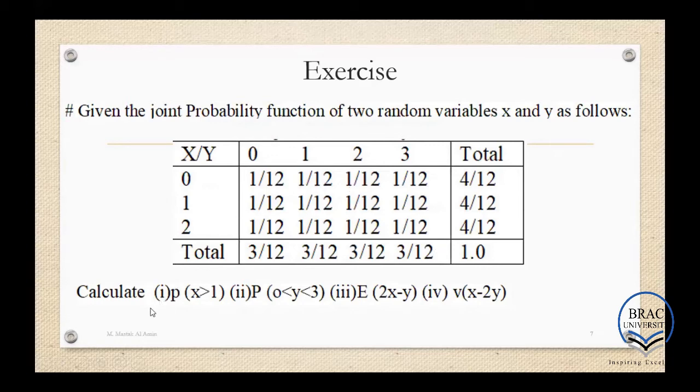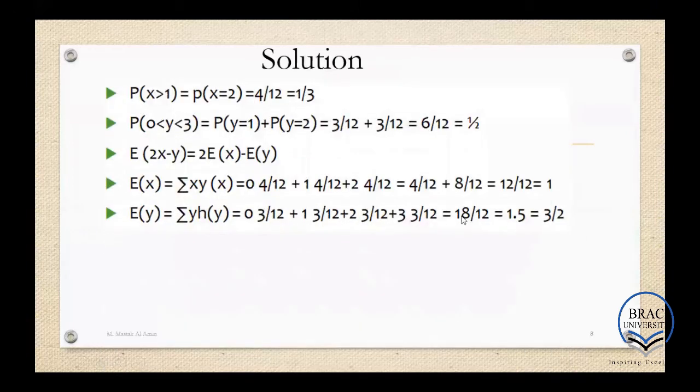Now our task is to calculate the probability of x greater than 1, and the probability of 0 less than y less than 3. That means first of all we need to calculate their marginal probability function from the joint probability function, and then we can find the value of probability of x greater than 1. So let's see how we can solve it.